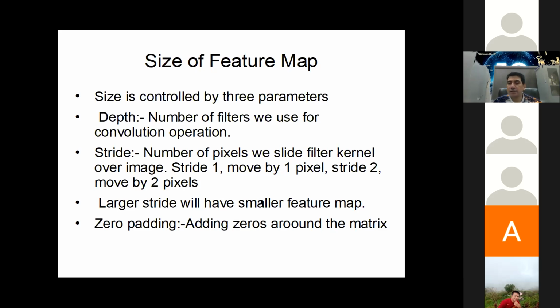And then the third thing is zero padding. I think most of you who have done image processing might remember why padding is required, specifically from the signal processing point of view. To get the information of all possible data that is present, I need to do the zero padding. And the same thing happens here also.